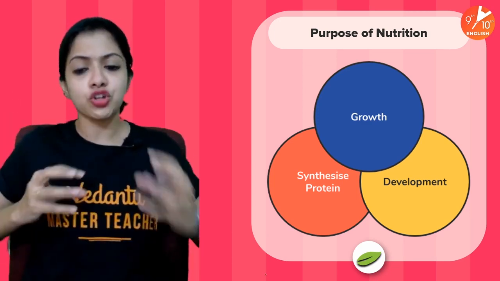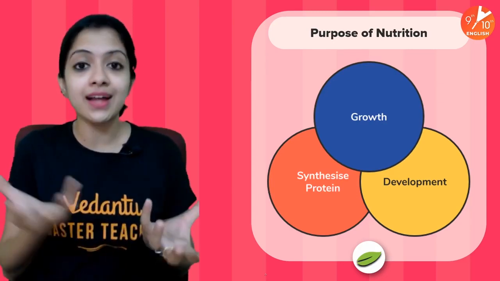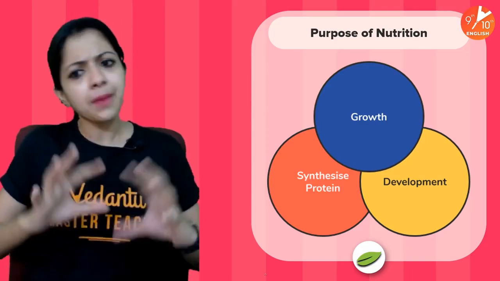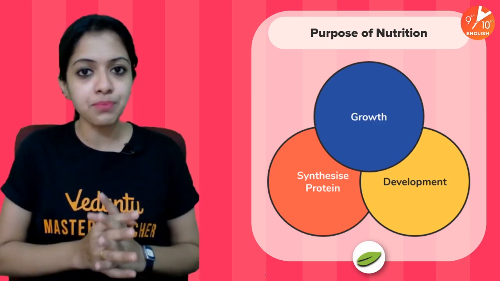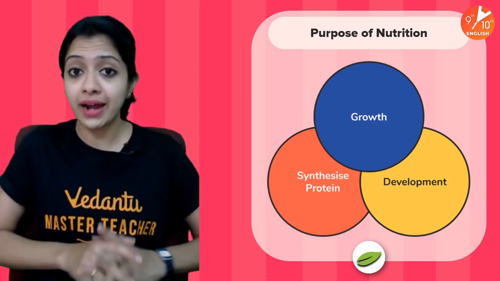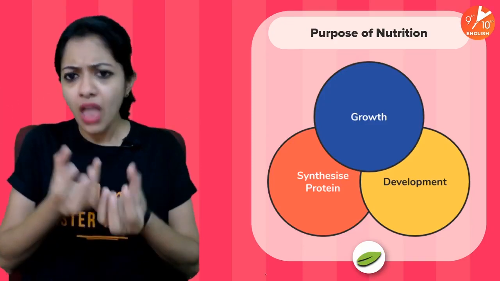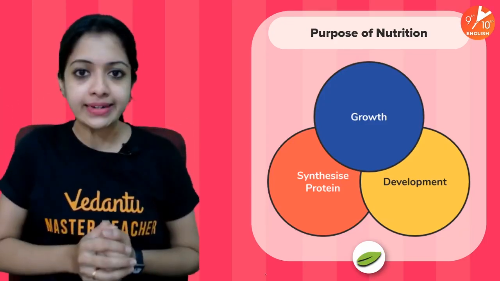In general, if you're talking about very simple organisms, which are neither plants nor animals, like some unicellular organisms, maybe more of growth and development would apply to them than synthesizing protein. But of course, that is also a major part when you think about it. So all these three summarize everything with regard to the purpose of nutrition. Why is it required, right?